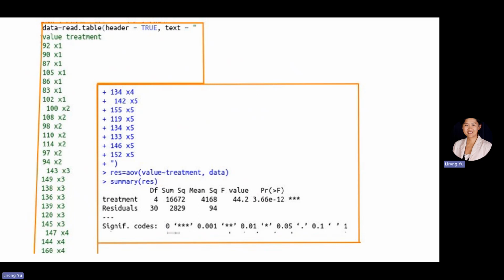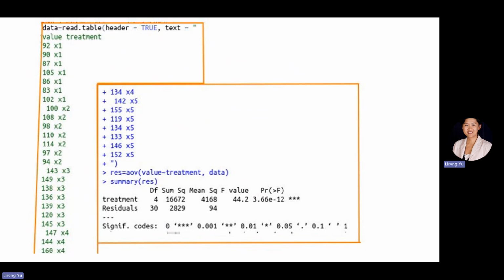But what if you have another column that's A, B, C? So if you have a second qualitative column, one quantitative, one qualitative, another qualitative column, that will be called a two-factor ANOVA test.